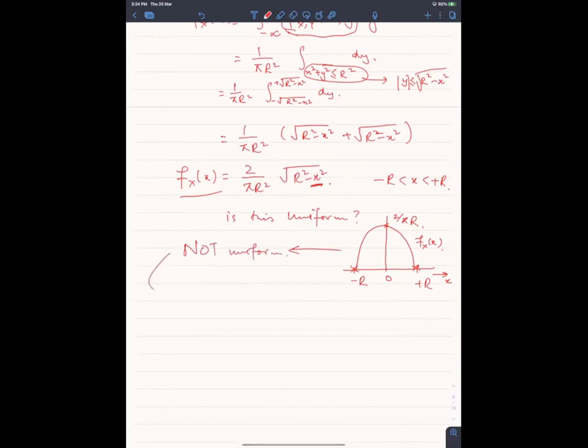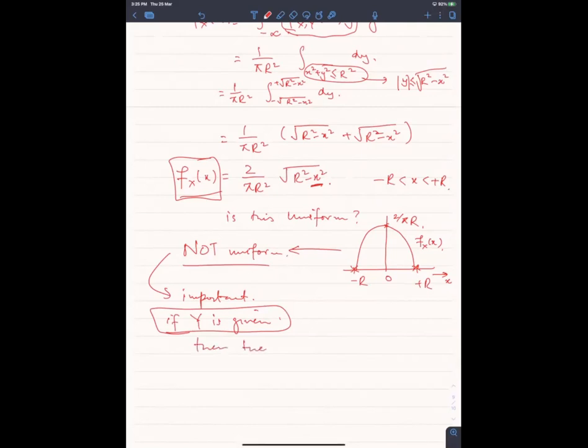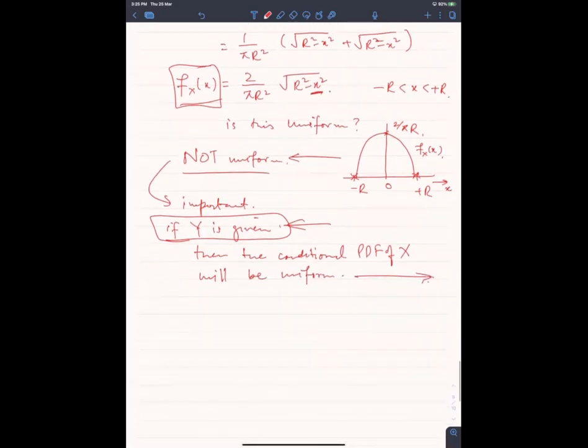So I should mention something here. Okay. While this is not uniform, important is, if capital Y is given, then the density function of x, which is the conditional density function, conditioned on y value, the conditional PDF of x will be uniform. वो यूनिफॉर्म होगा. वो अभी हम प्रूव नहीं करेंगे, उसके लिए हमें चैप्टर के एंड तक जाना पड़ेगा.